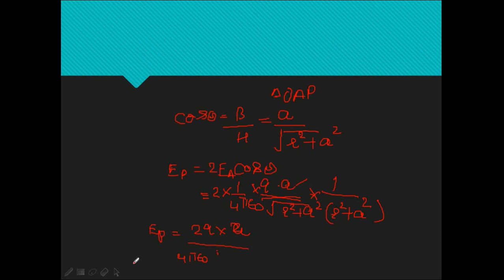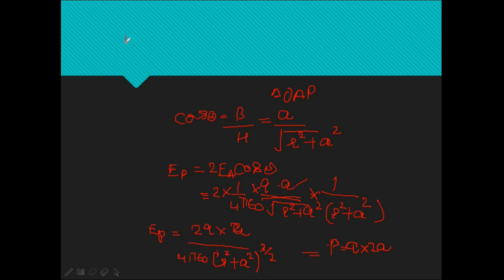The total power is here r square plus a square, 3 by 2. Clear. And we know that the dipole moment P is equal to Q into 2A. Here now this is Q, and we write it in this form.